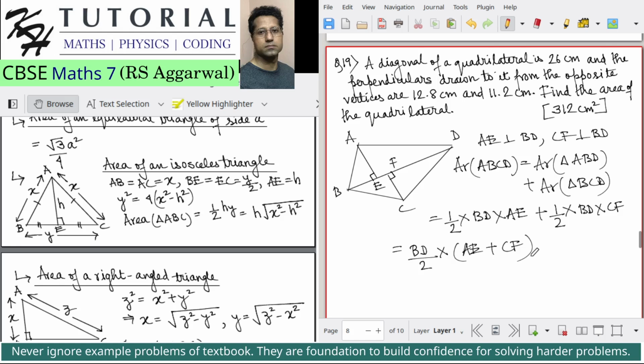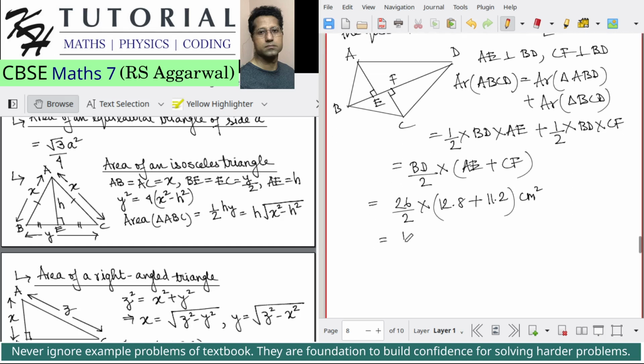AE is the perpendicular drawn from vertex A on the diagonal BD and CF is the perpendicular drawn from vertex C on the diagonal BD. The lengths of AE and CF are given as 12.8 centimeter and 11.2 centimeter, and the length of the diagonal BD is also given to be 26 centimeter. So this becomes 26 by 2 multiplied by 12.8 plus 11.2 centimeter square.